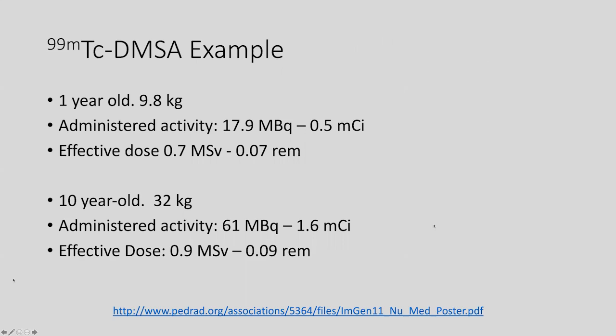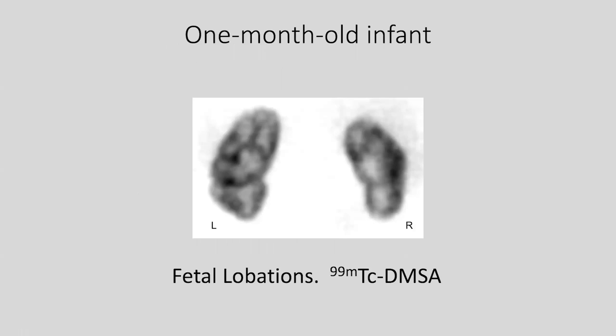An example of a 1-year-old weighing about 10 kilograms, the administered activity, as I mentioned, is relatively small. The activity administered will be higher with a patient that weighs more than the baby. What is interesting to point out is that in a very young child, it's normal to see what you see here.